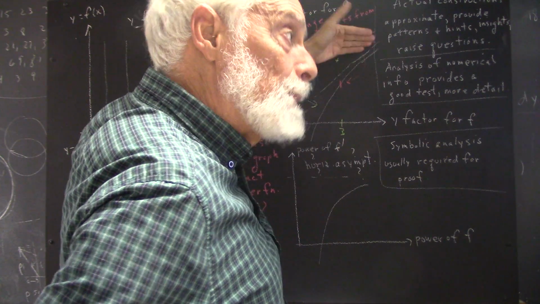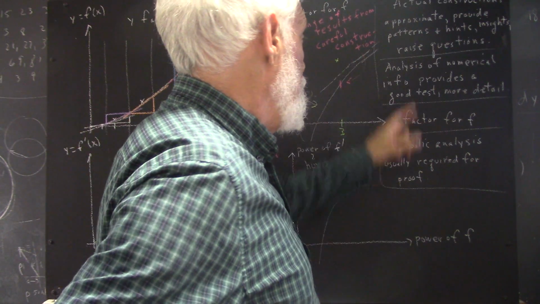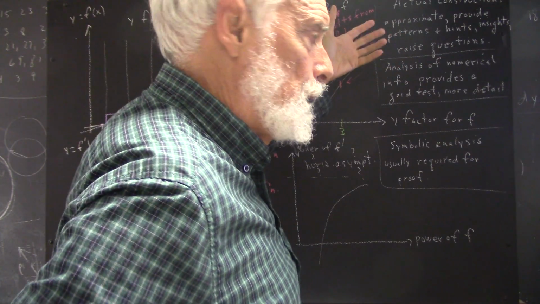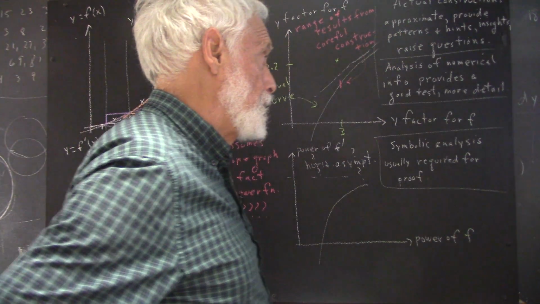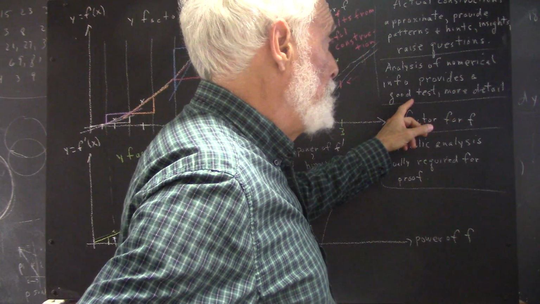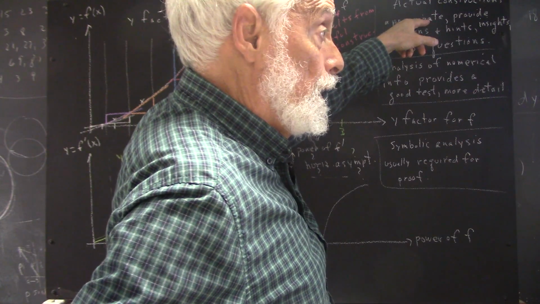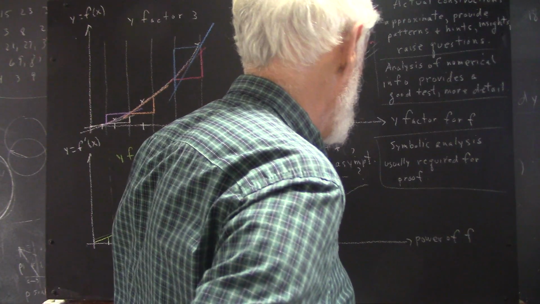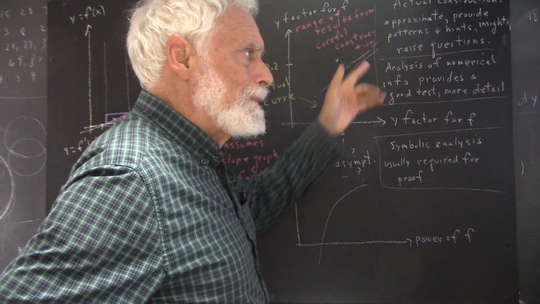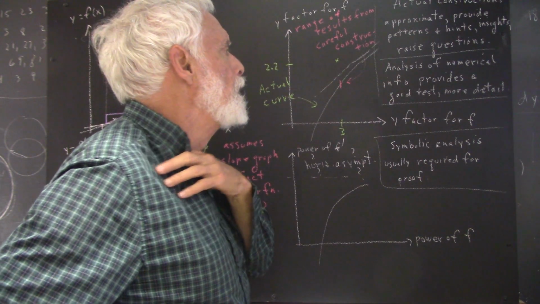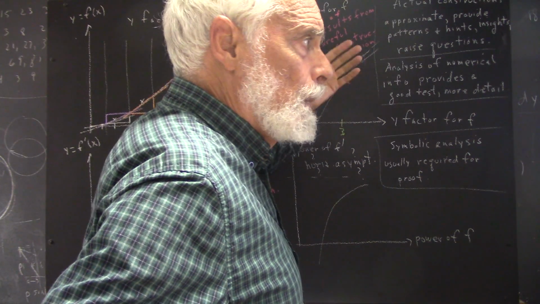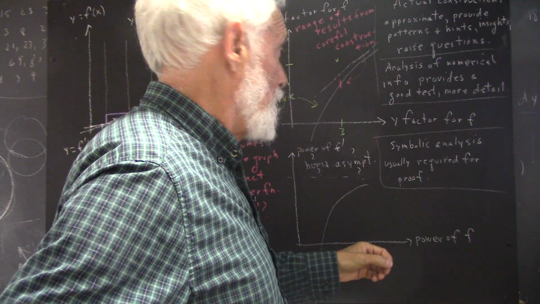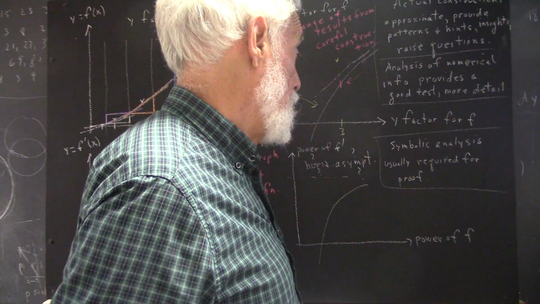Analysis of the numerical information we get on a trapezoidal approximation graph gives us a better test of some of the ideas that we might get from geometric construction, and gives us more detail. But just analyzing numbers, all being approximate when you come down to it, doesn't prove anything. It gives us a pretty good idea, but doesn't prove anything.